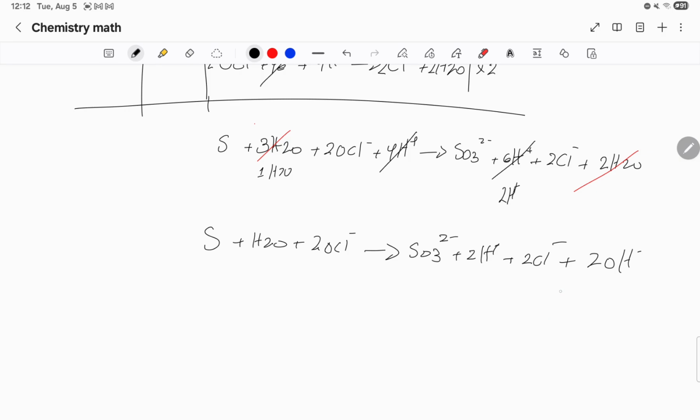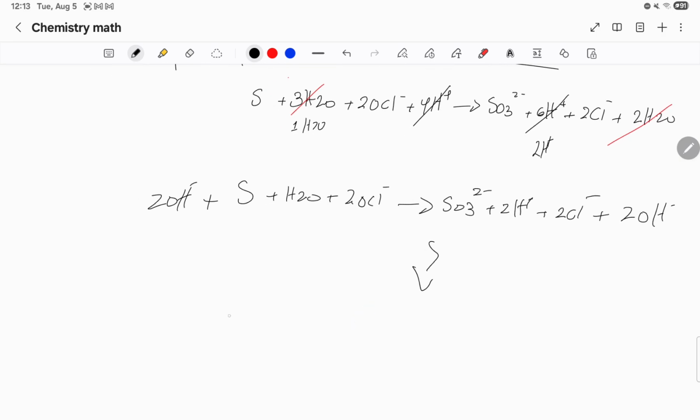Okay? Because, you know, if I have 1 H plus and an OH minus, this will become what? 1 water. So I need 2 of them to make 2 waters. Okay? But remember, it's an equation, just like in math. So whatever you do to this side, you have to do to this side. So I will also add 2 OH minuses here. So let's see how this turns out.